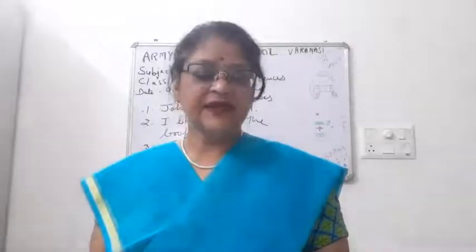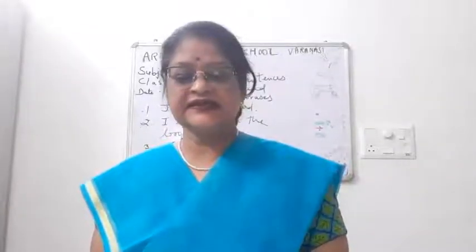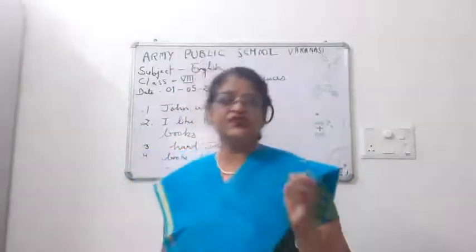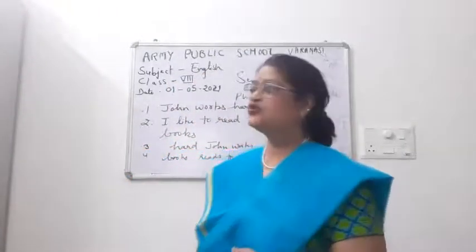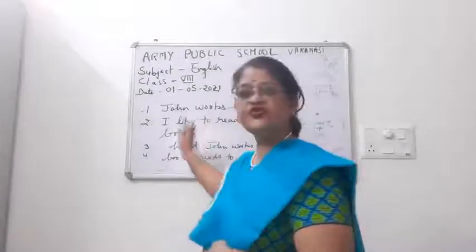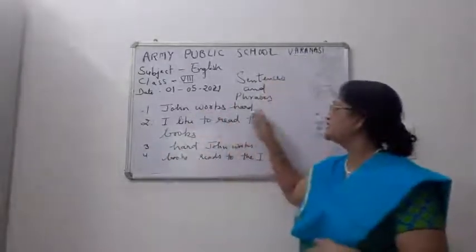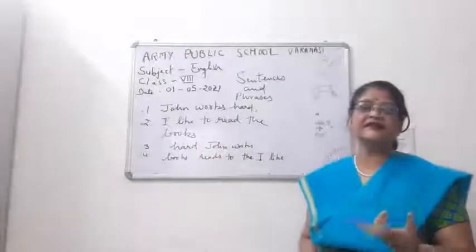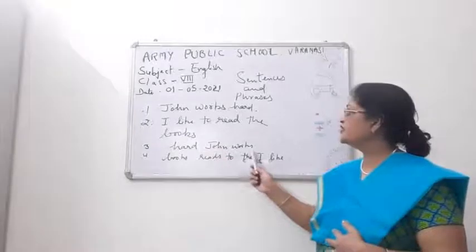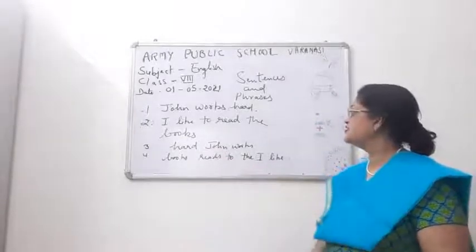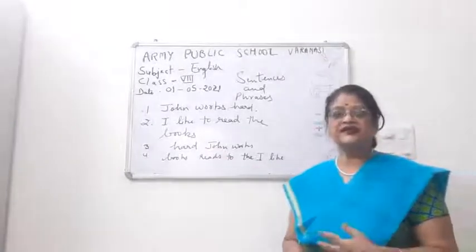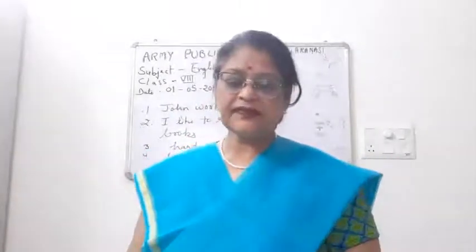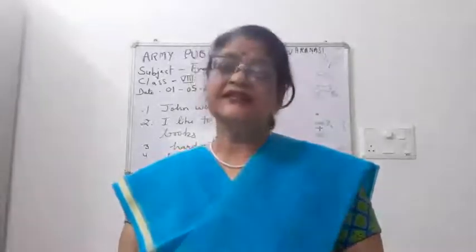The topic of today is sentences and phrases. Children, I am going to teach you first about sentences. These four sentences are there, but the first two have meaning, while the other two don't have any sense or meaning. So first of all, children, what is a sentence?